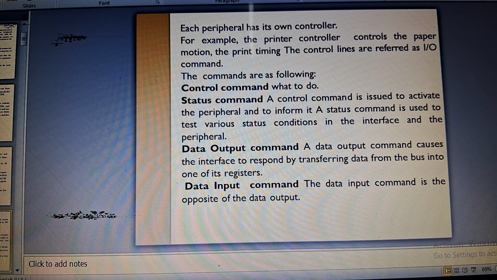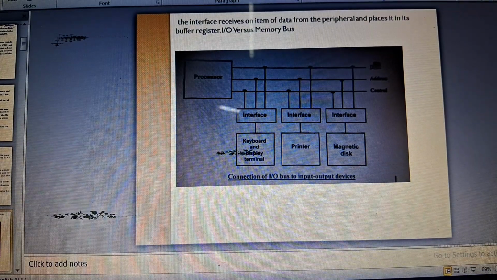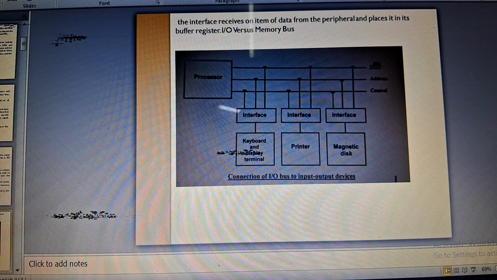The commands given are control command, status command, data output command, and data input command. So the various types of commands are managed by the input-output interface in order to manage the peripheral devices. That is the connection of input-output buses or input-output devices to the processor. As the diagram shows, there are three types of buses: data, address and control.